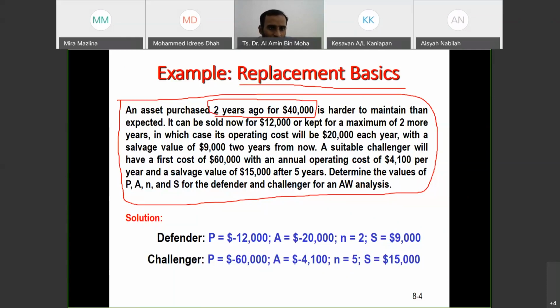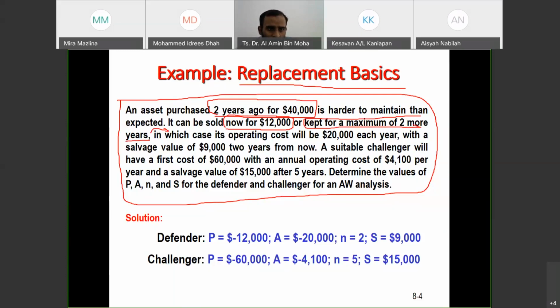It can be sold now for 12,000. Or, here are the alternatives, it can be kept for a maximum of 2 more years.